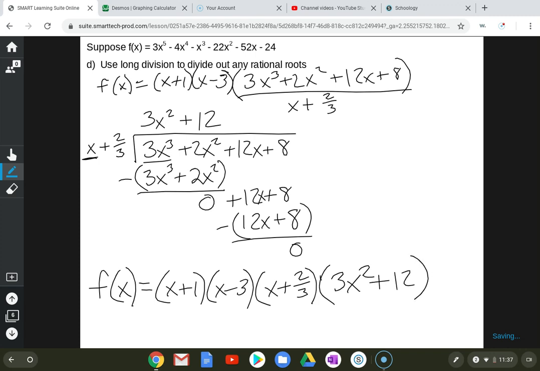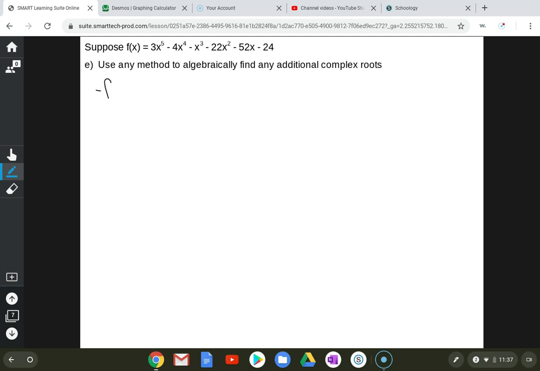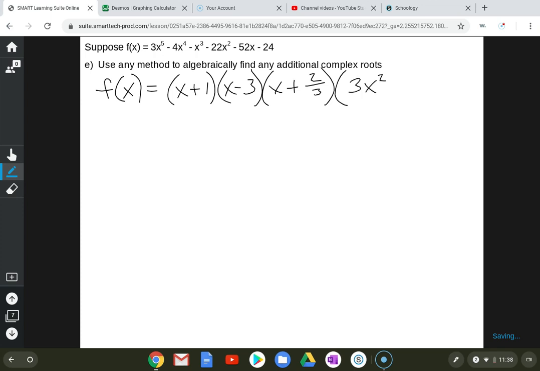All right, so there's my new factored form of my polynomial, and now we have to deal with this 3x squared plus 12. So I'm going to rewrite it again. I have x plus 1, x minus 3, x plus 2/3, and 3x squared plus 12. Now we've got to find these final two complex roots from 3x squared plus 12.